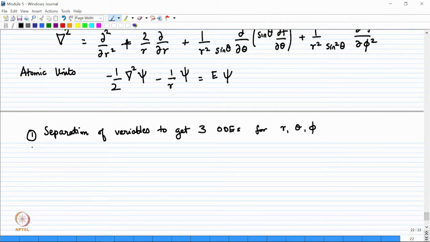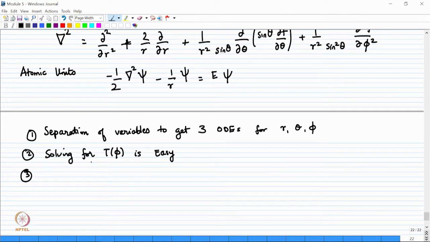Okay. Then we can easily, I'll write it here. So solving for T of phi is easy. So this can be easily done. Okay.